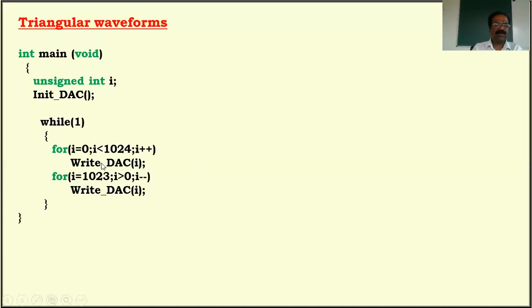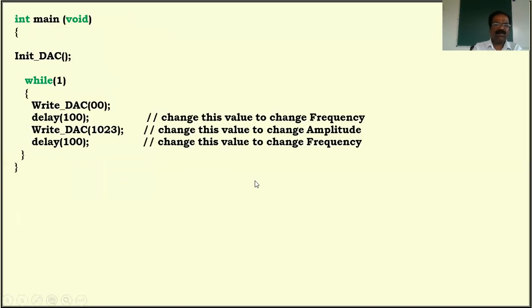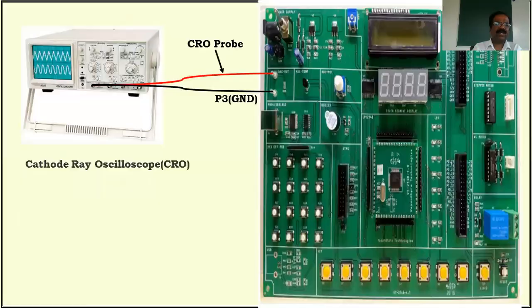Therefore, what is the purpose of using this? It's going to generate from 0 to 3.3 volt. Here, from 3.3 volt to 0 volt. Therefore, it's going to create a waveform. The waveform is something like this. This is actually an example of a triangular wave. This is rising, this is falling, this is rising, this is falling, rising, falling.